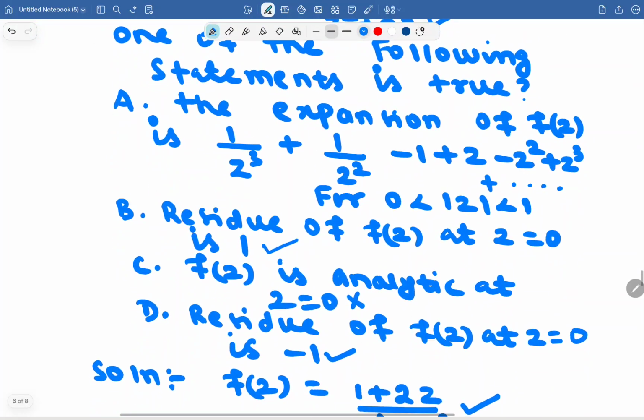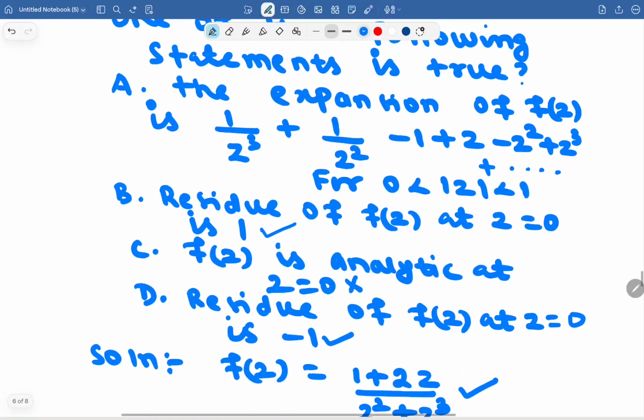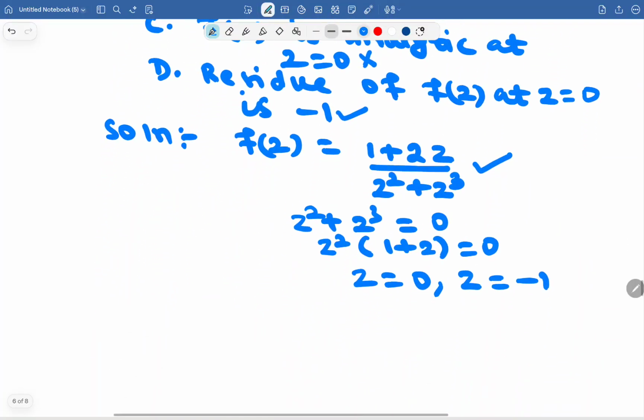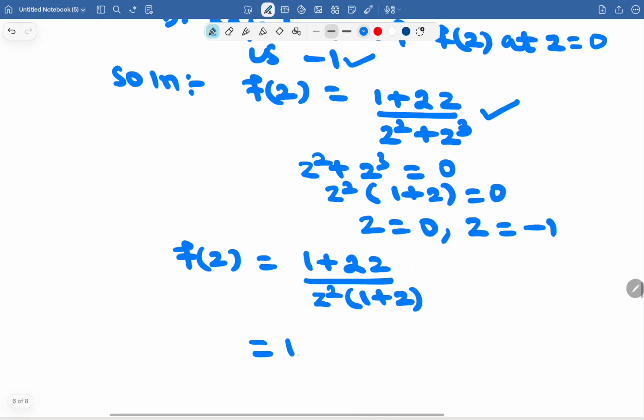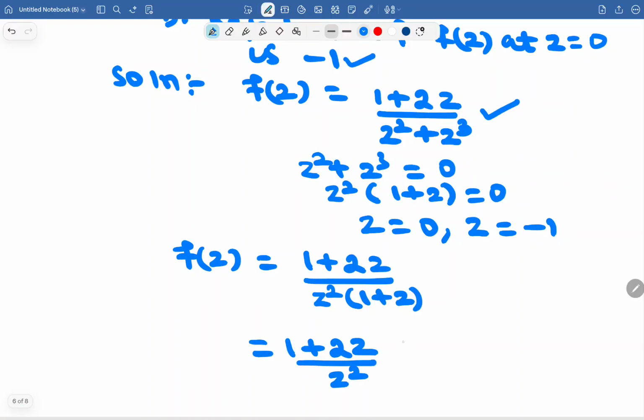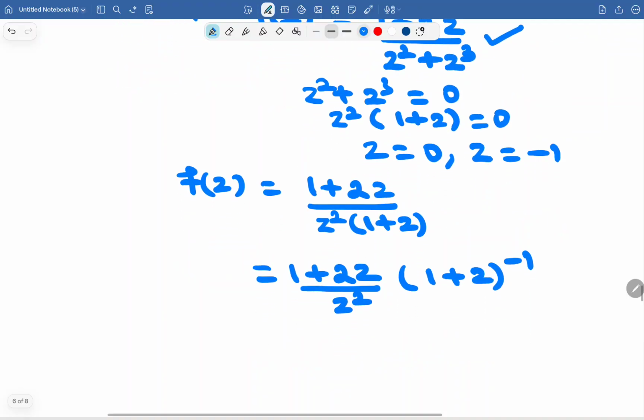Now I am going to find the expansion of f of z, whether the first option is the correct one. What is f of z? 1 plus 2z by z square plus z cube. Write this as z square of 1 plus z, which is nothing but 1 plus 2z by z square, 1 plus z power minus 1.